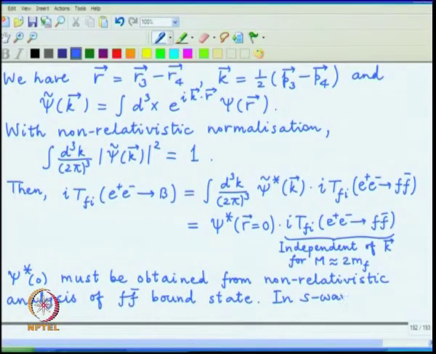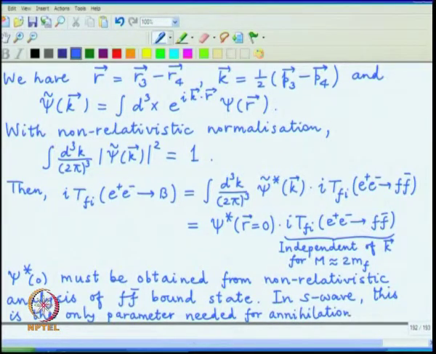And in S waves, interaction, this is the only parameter needed for the annihilation process. All the features are tied together.